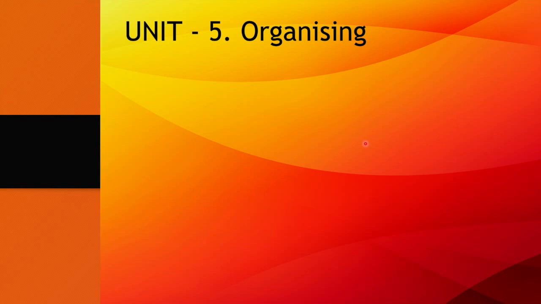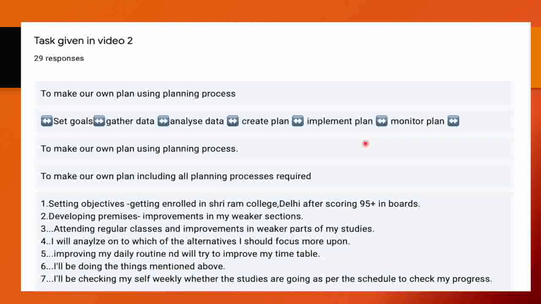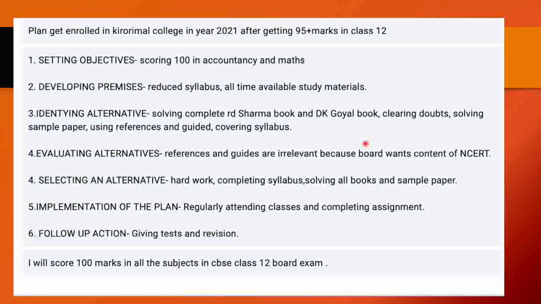That is called organizing. I will take an example here. When I asked you to give me your plans, you set your own plans, right? When we were discussing the process of planning, I gave you a task, and see what you have sent me. I'm showing it here. You set the objective, then developed the premises, identified the alternatives, then evaluated those alternatives, correct?